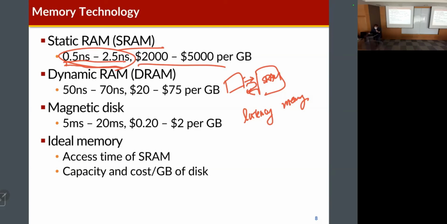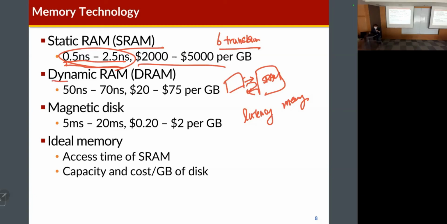Usually, building the SRAM requires 6 transistors. So that's why the SRAM is very expensive. So usually we use the SRAM as the internal memory of our chip.